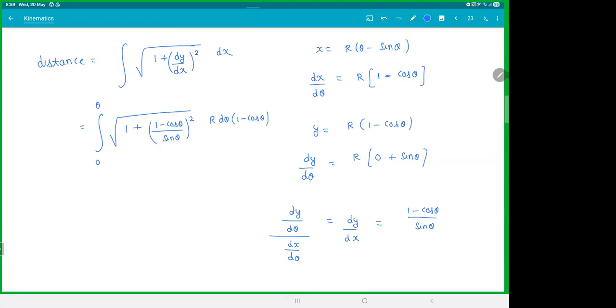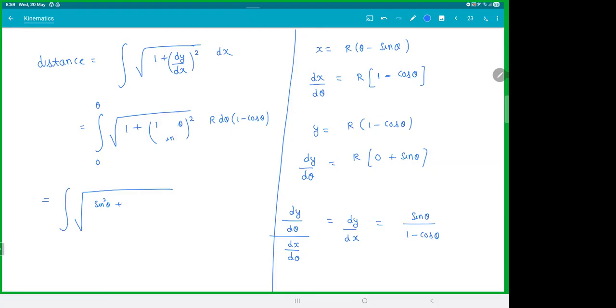See, I brought everything in terms of theta. Is that making sense? Let's just expand this. It might look bad, but it is not. You will get a pretty good one. Integral root over, bring it this side, sine square theta. Expand that. I think I wrote it reversed. dy by dx is sine theta by 1 minus cos theta.